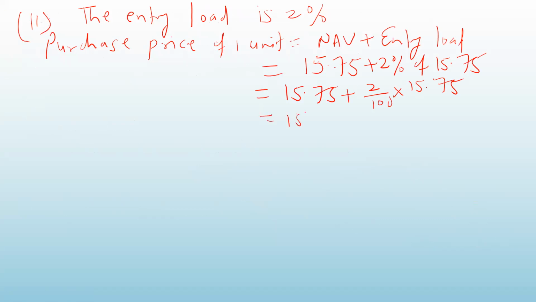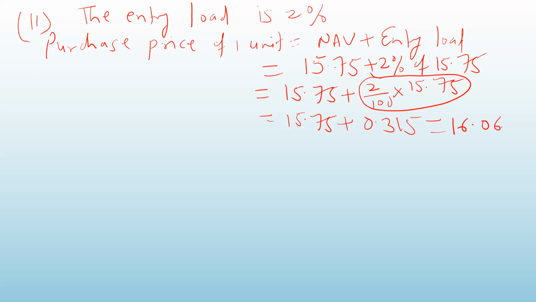So what will you get? Calculate this. 2 into 15.75 divided by 100 will give you 0.315. And when you add it to 15.75, you will get 16.065.